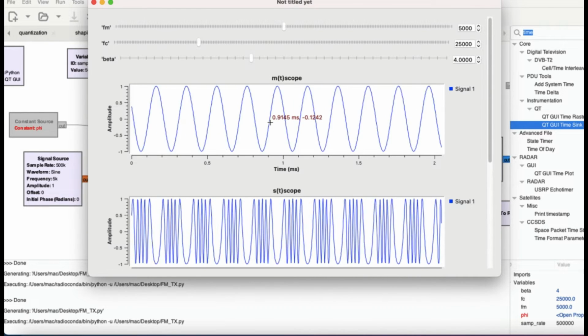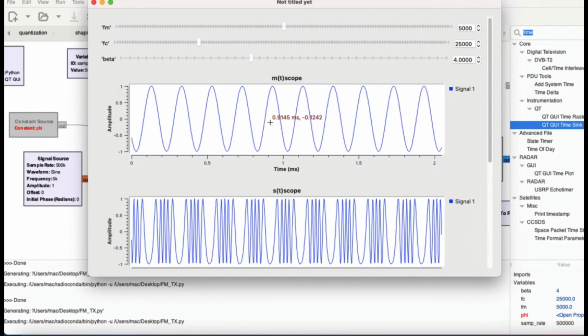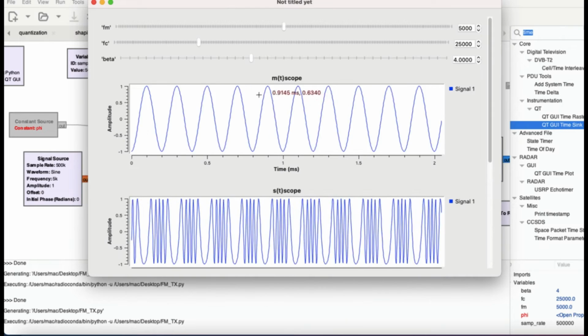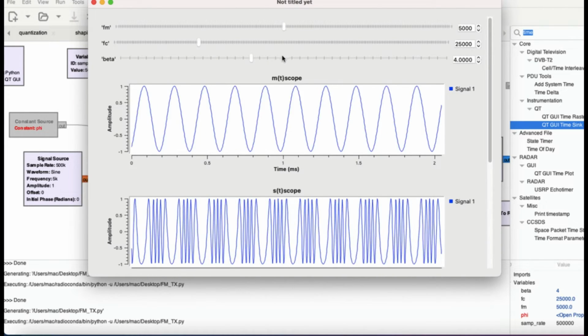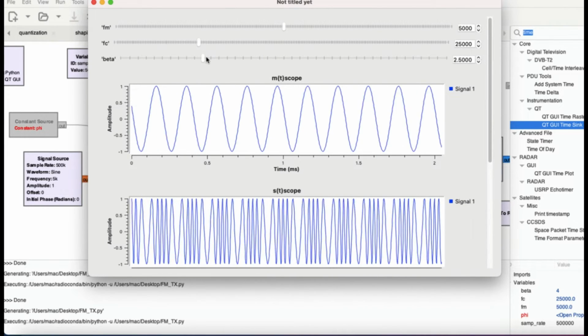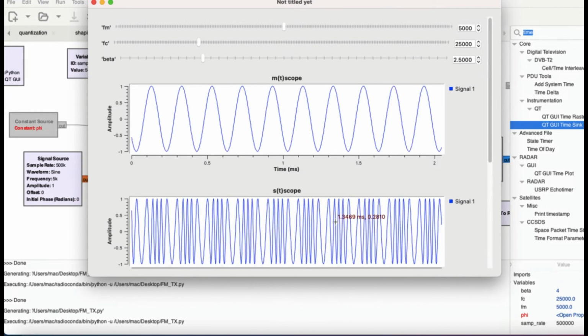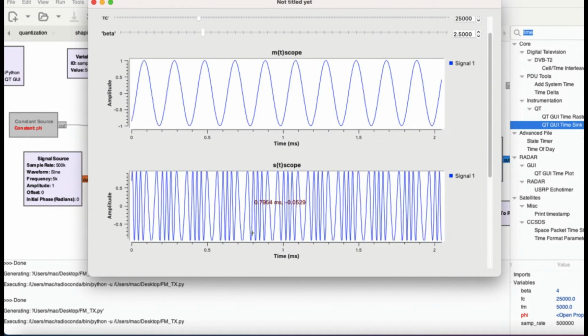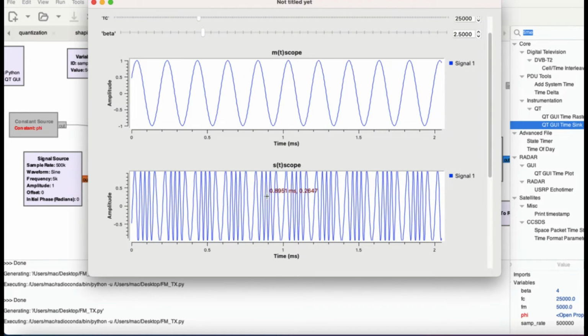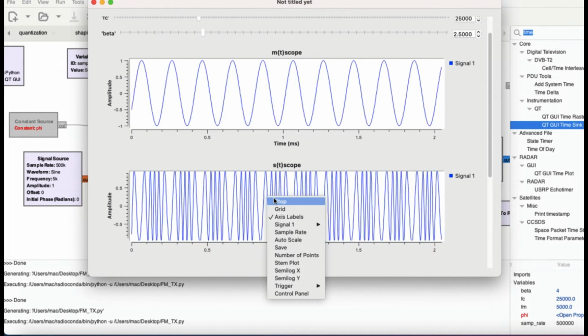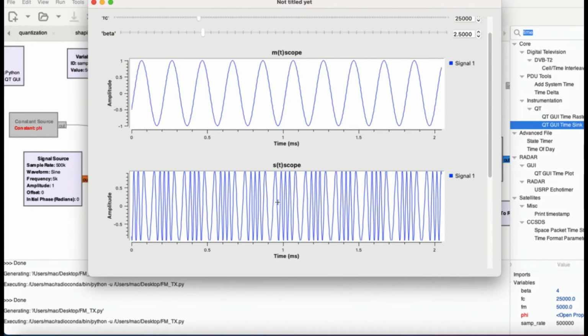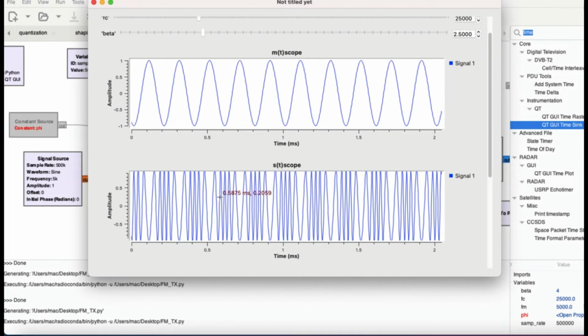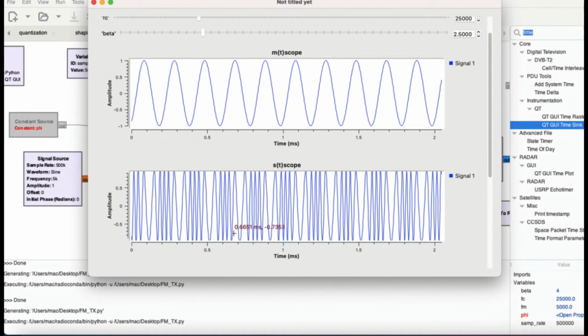So let's change this beta a little bit. Now you can clearly see. Let me stop this. There's a change in frequency here.